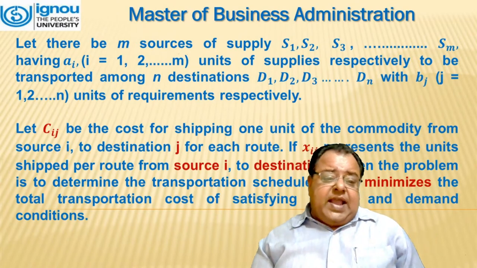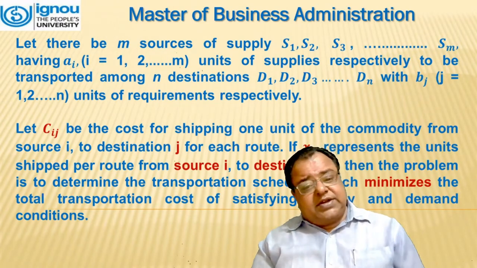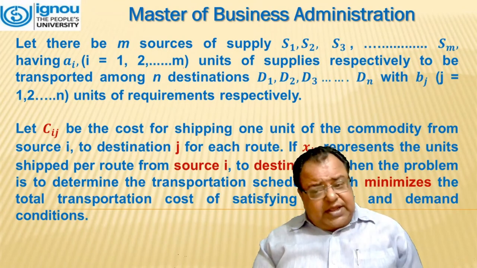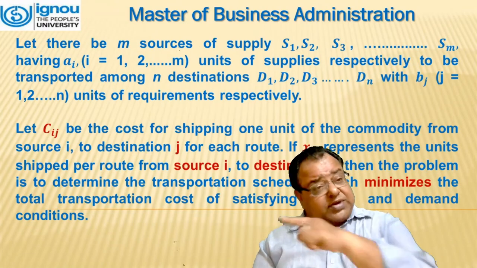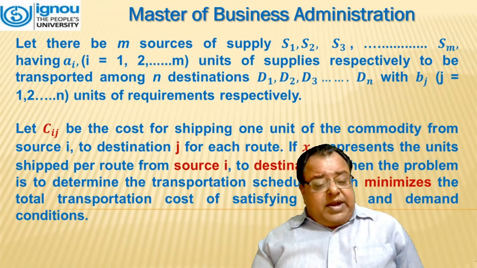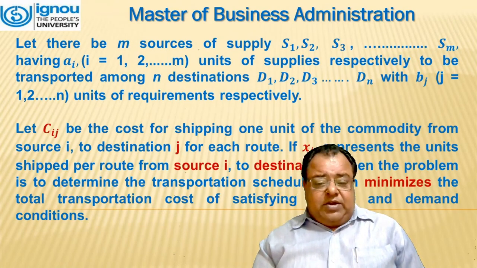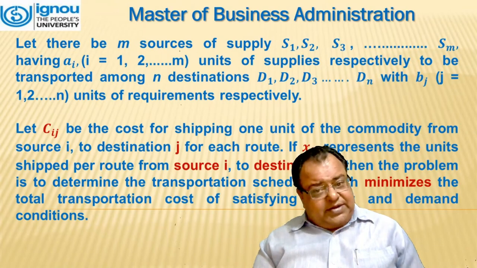Let Cij be the cost for shipping 1 unit of the commodity from the source to destination for each route. If Xij represents the units shipped from the source to destination, then the problem is to determine the transportation schedule which minimizes the total transportation cost of satisfying supply and demand conditions.